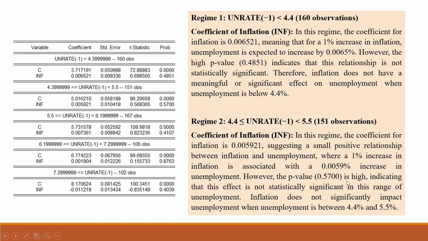However, the p-value is high, indicating that this effect is not statistically significant in this range of unemployment. Inflation does not statistically significantly impact unemployment when unemployment is between 4.4 and 5.5.